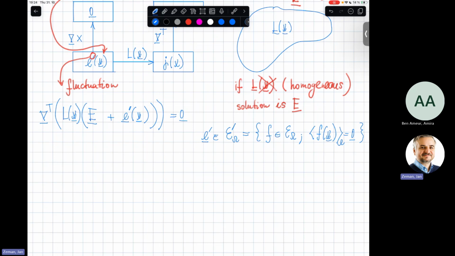And because this is a fluctuating field, this E prime, I would like to recall that no matter what I do, this is orthogonal to all constant fields, right? So they are independent.